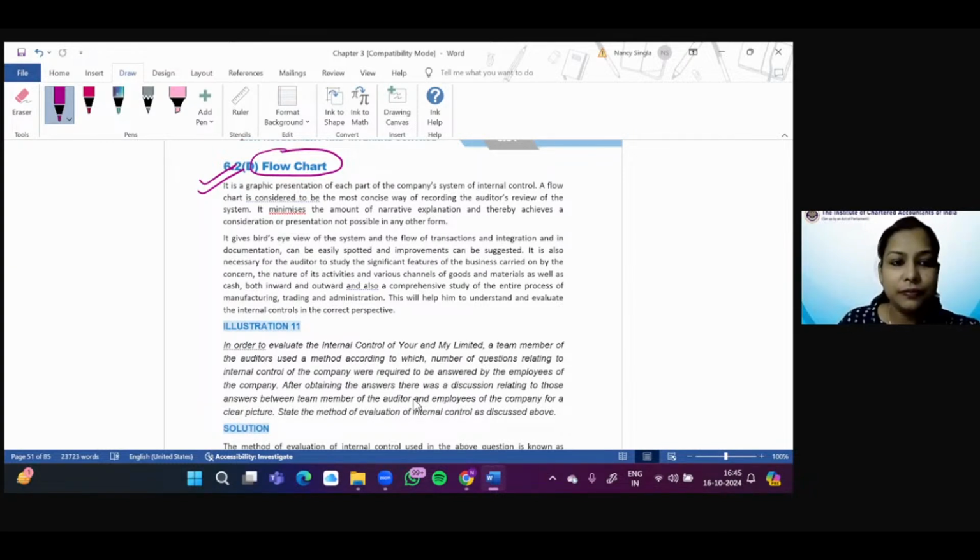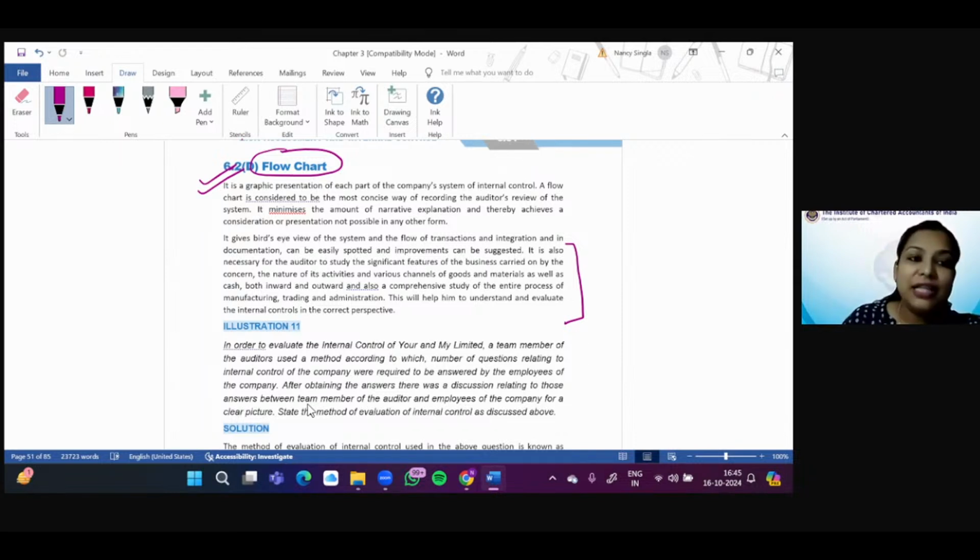Flow chart. See, it is important for the auditor to understand the various features of the businesses, the nature of activities, the various channels of goods, materials, like a comprehensive study of the entire process. Let's say if it is a manufacturing concern, how the process works, how the trading or the administration part is done. Why? Because it helps the auditor to understand the internal control in the correct perspective.